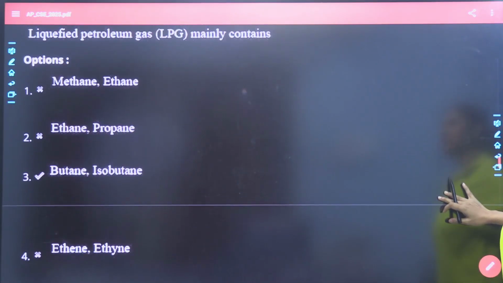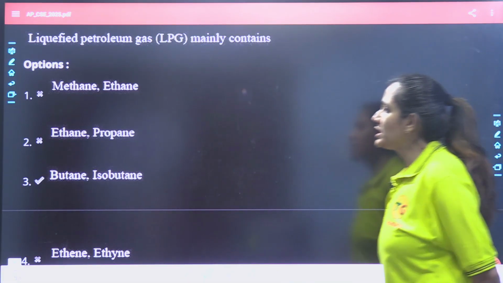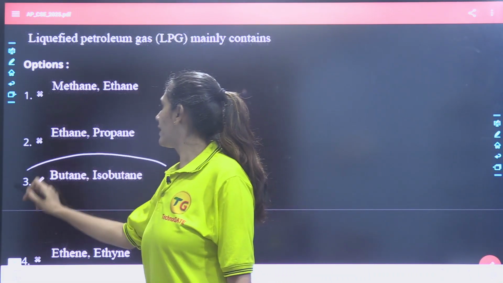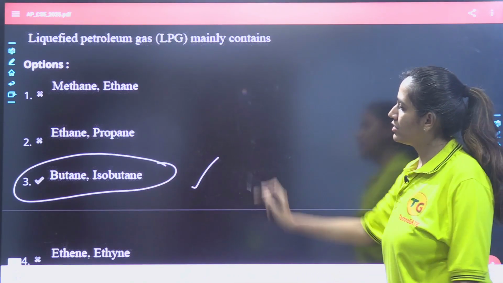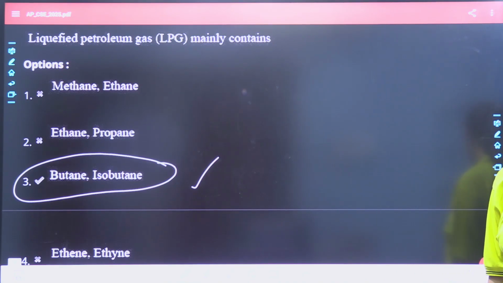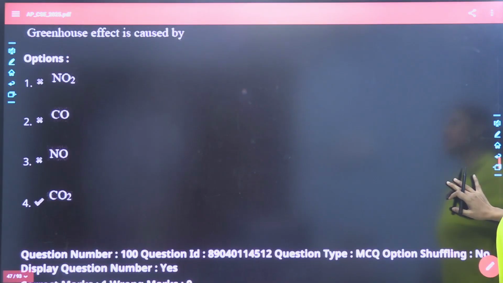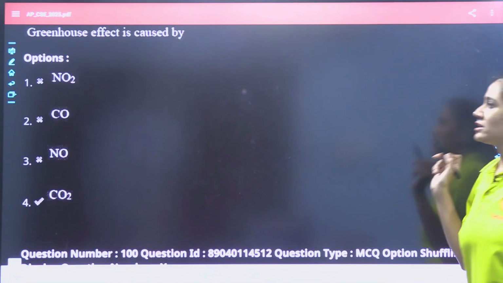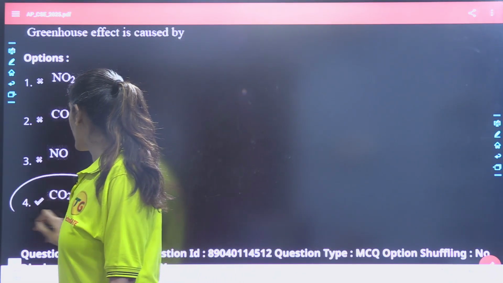Liquefied petroleum gas mainly contains what? When we talk about LPG, it mainly contains butane and isobutane. It is a mixture of butane and isobutane. Now we have theoretical questions. Greenhouse effect is mainly caused by the increasing concentration of carbon dioxide.